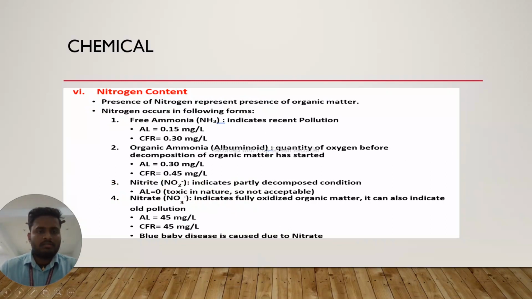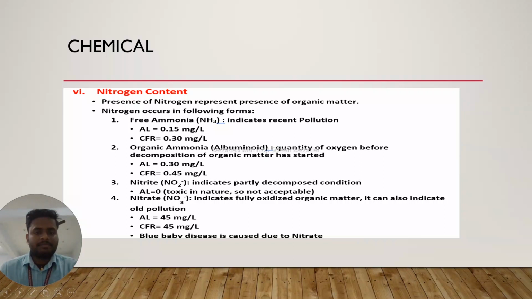This is the most important part of the nitrogen content also. Presence of nitrogen indicates presence of organic matter, and we consider the acceptable limit and cause for rejection for organic ammonia, nitrite and nitrate. Nitrite acceptable limit is 0, and it is toxic in nature, so not acceptable.